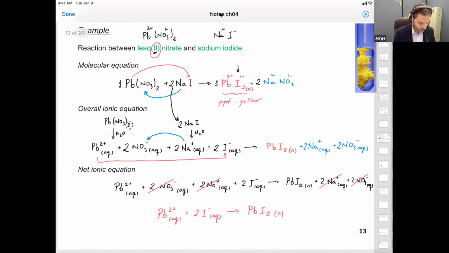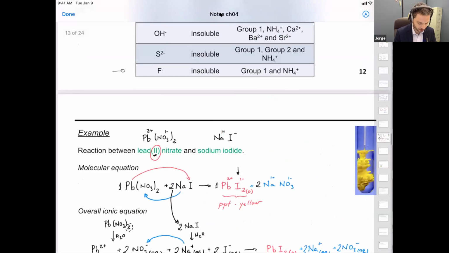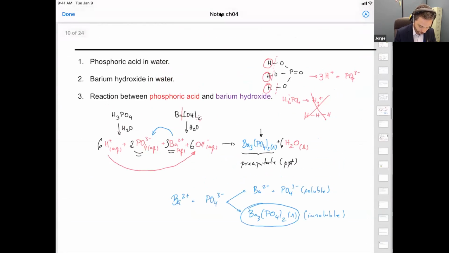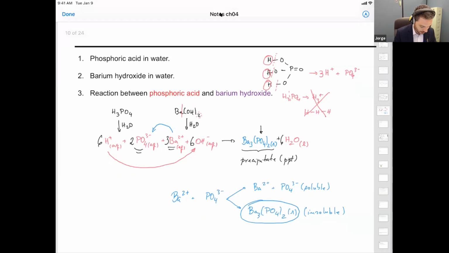Okay, very good. So let me just make an observation here regarding acids before we move on. In the last example, on Friday, we dealt with H3PO4.